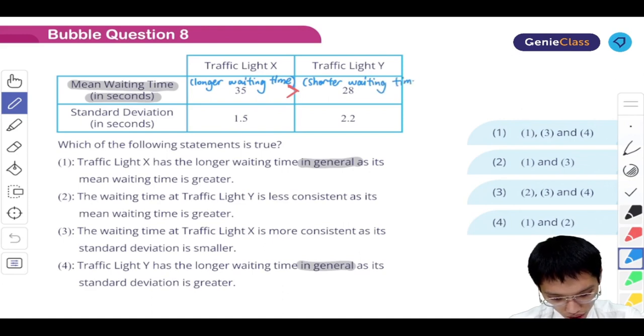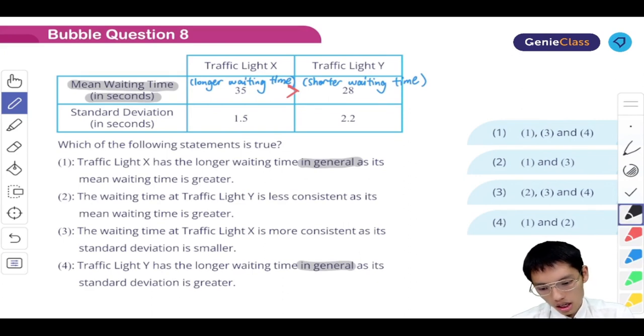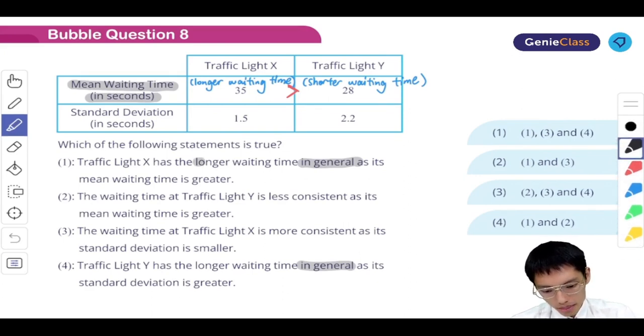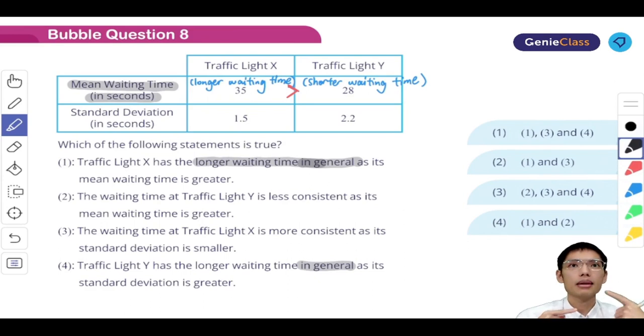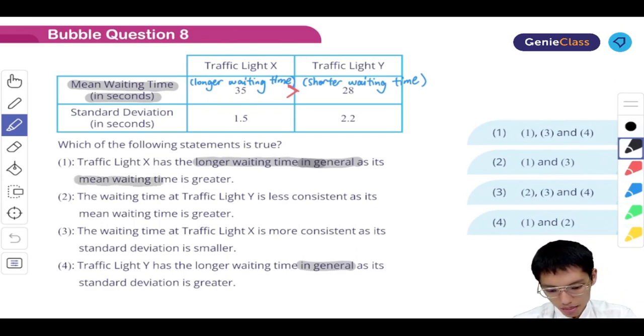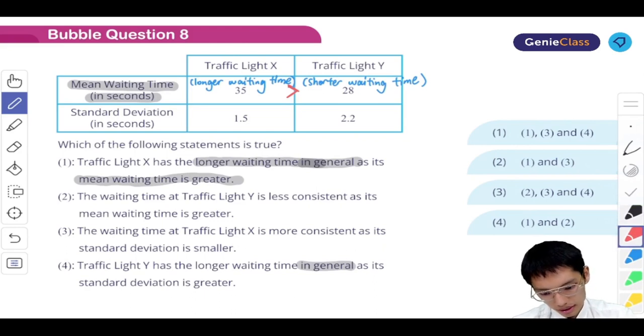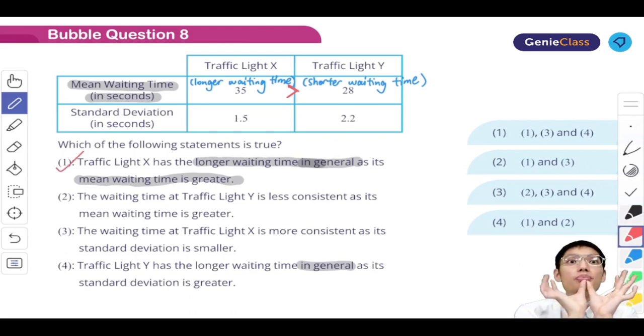So if you look at number 1, traffic light X has a longer waiting time in general because the mean waiting time is greater. This statement is correct because it identifies that mean waiting time in general is longer. That's why number 1 is correct.